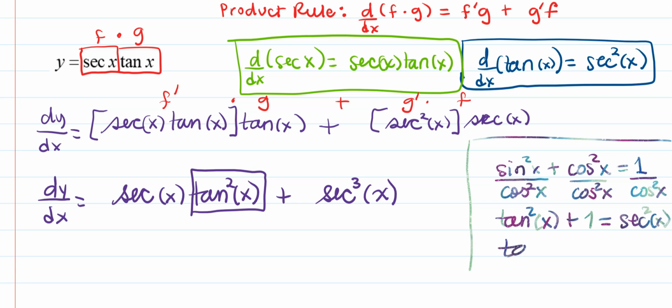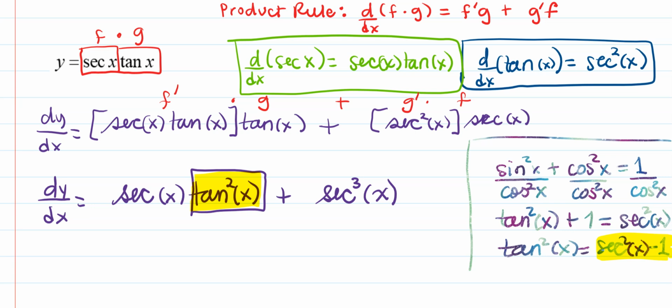So that means tangent square of x is secant square of x minus 1. So I'm going to go ahead and trade in that for this.